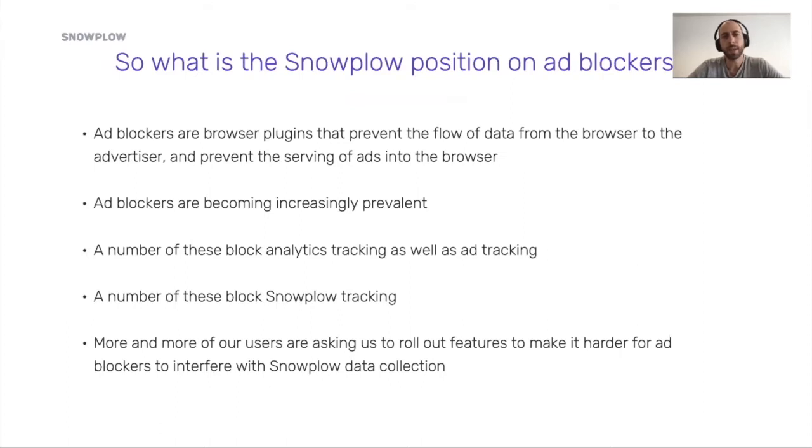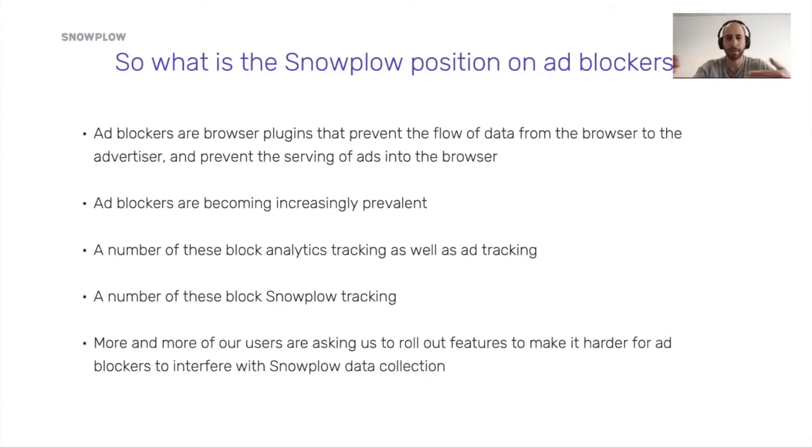So let's start by talking about ad blockers, and we'll come on to ITP and ITP 2.1 in particular in a little bit. Ad blockers, I'm sure you're all aware, but just a very quick recap, are browser plugins that prevent a couple of things. They prevent the flow of data from the browser to the advertiser, so the harvesting of data by the advertiser, and they prevent the serving of ads back into the browser.